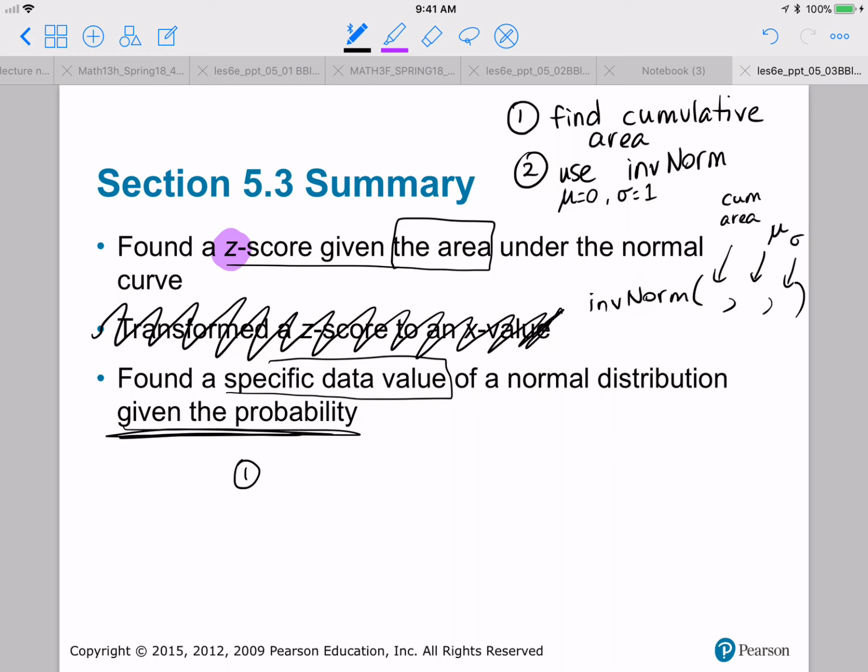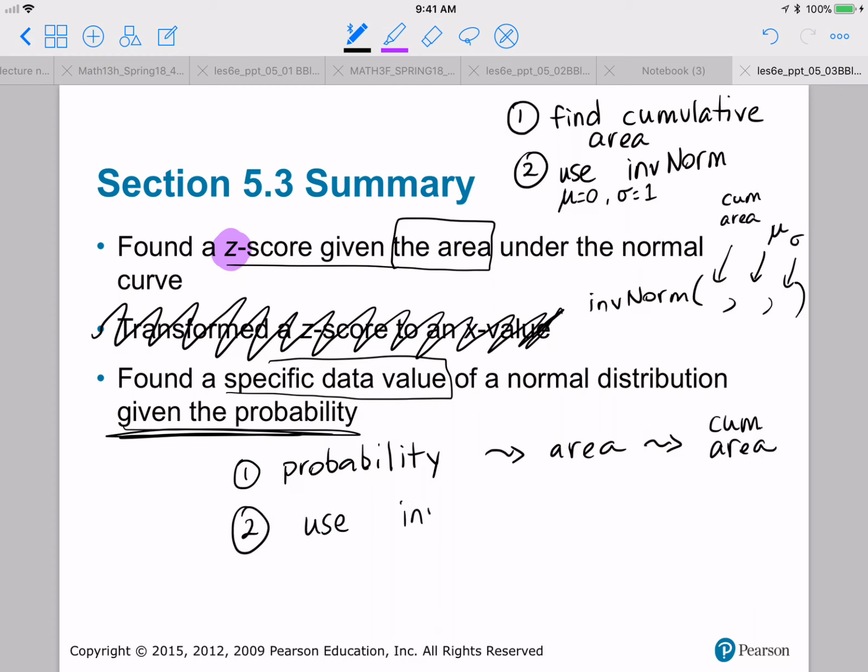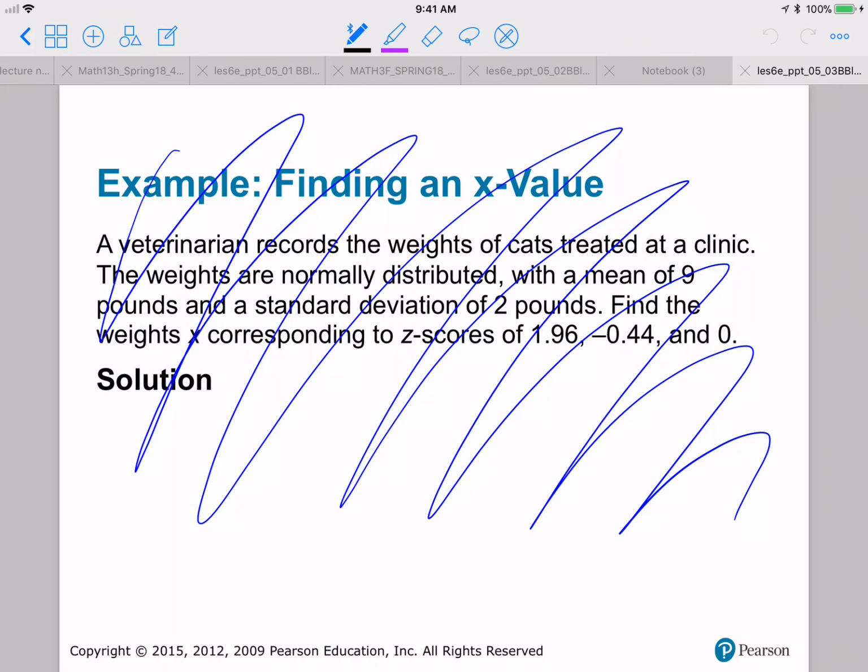Number one, turn the probability into an area, and then convert the area to a cumulative area. And then number two, use inverse norm with whatever mu and whatever sigma you're given. Okay? All right. That's it.